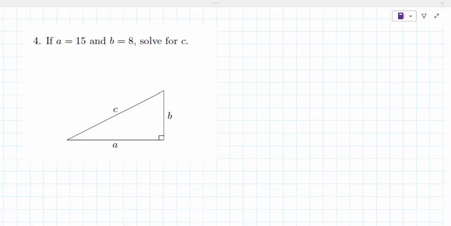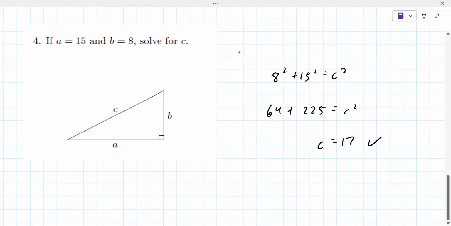Yes, good. Okay. So 8 squared plus 15 squared equals C squared. 64 plus 225 equals C squared. C equals 17. Good. Okay.